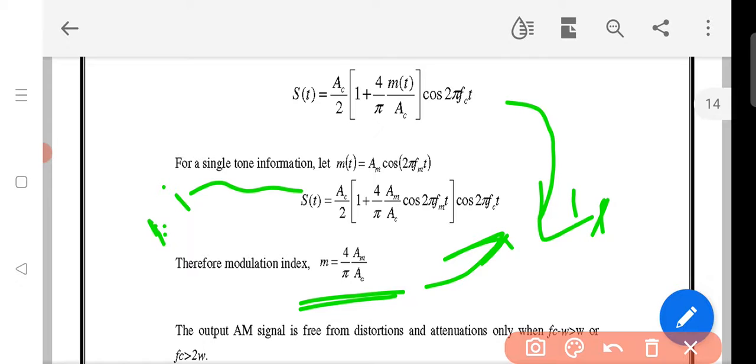The modulation index may change in practical conditions. In theoretical conditions, mu equals Am by Ac. But in case of square law modulator, that becomes A1 Ac by 2, like we discussed in the previous class. Here the modulation index mu is 4 by pi into Am by Ac.